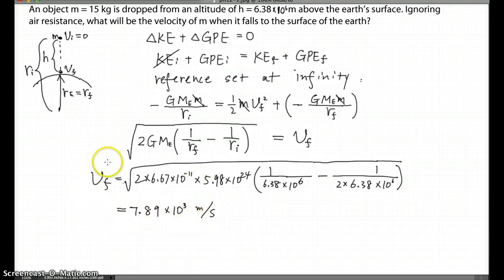So just a quick summary. For this kind of question, don't forget, you can still apply the work energy theorem. In this case, because there's no non-conservative force doing any work, since we ignore the air resistance, it becomes version 3. Version 3 is actually conservation of mechanical energy.